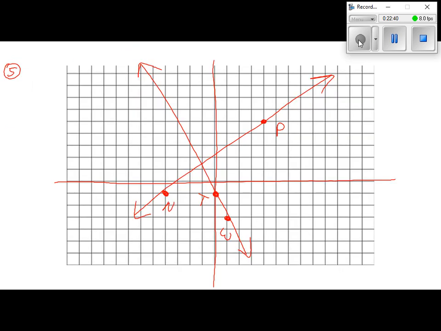All right, 5, 6, 7, and 8 use this. First thing they want us to do is to find the slope of line NP. All we're going to do to find that slope is count rise over run. So we just count up 1, 2, 3, 4, 5, 6. So we rise 6.